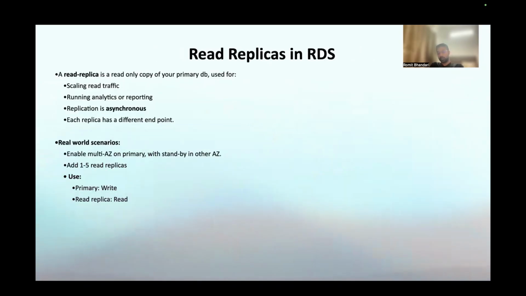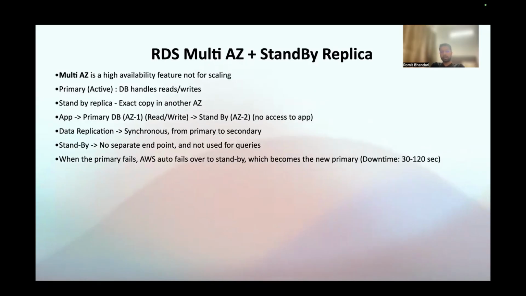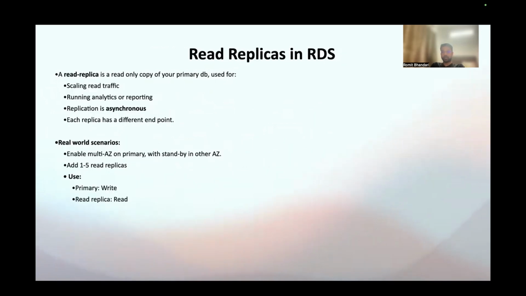Okay, read replicas. Now this is a little bit different from a standby replica. A read replica is a read-only copy of your primary DB. In the standby case, the standby becomes the primary, which means that after it becomes the primary, it would be used for both read and write, as the primary fails. But here the read replica is only used for reads, for scaling the read traffic.